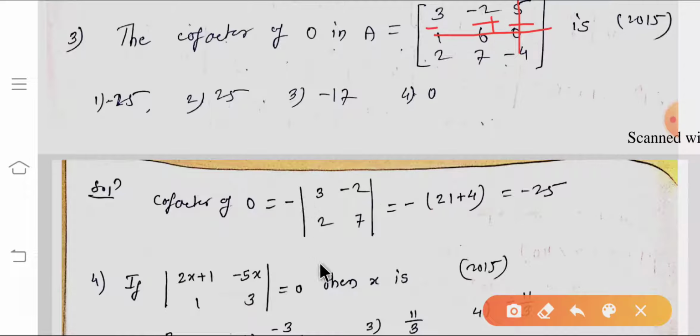So it is minus the determinant of the remaining elements [3, -2; 2, 7], which is minus of (3 sevens are 21, plus 2 twos are 4), so minus 25. The options are given as minus 25, 25, minus 17 and 0, so the first is the correct option.